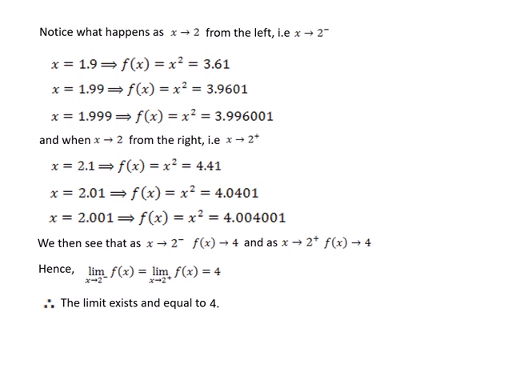So they have the same answer. Therefore, the limit exists and is equal to 4. So we've been able to establish that fact from the method of the right and left limits.